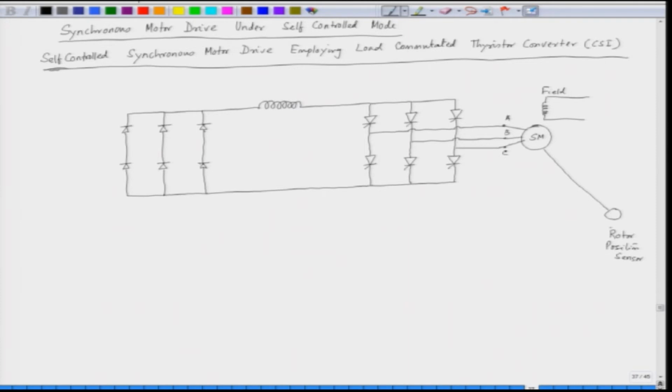Now, the input converter also has SCRs. The input is supplied from the 3 phase AC. We can call this phase A prime, B prime, C prime. This is the 3 phase AC supply.